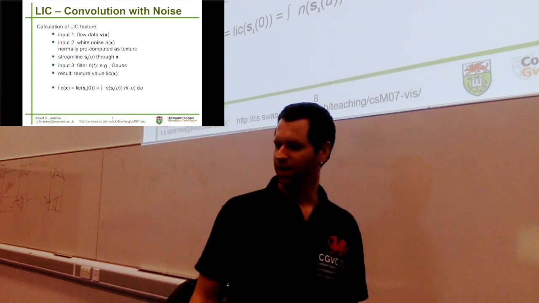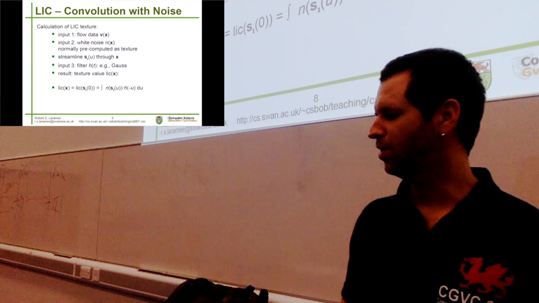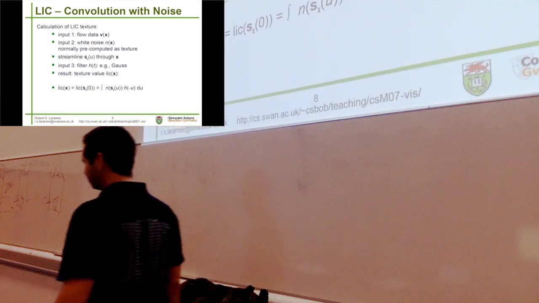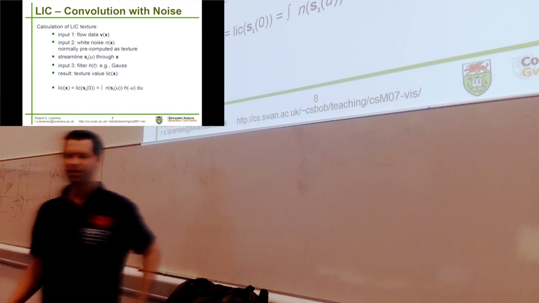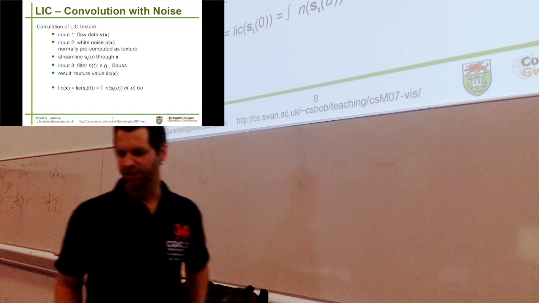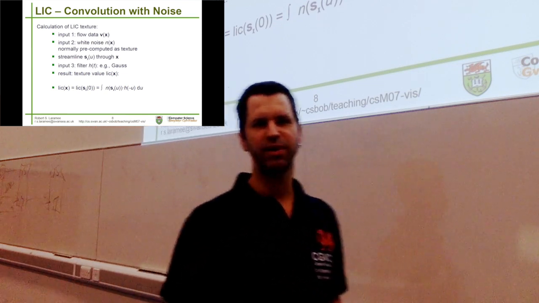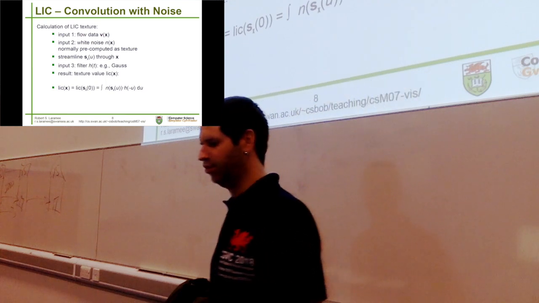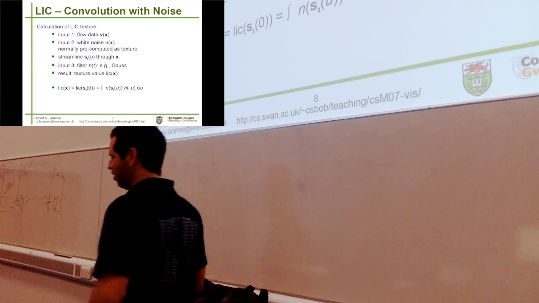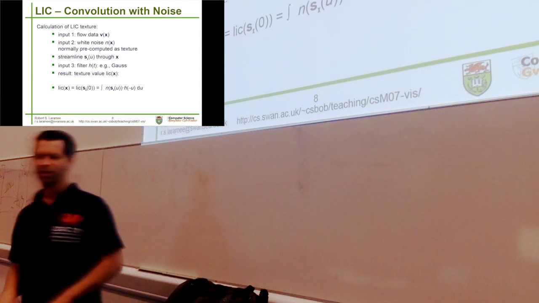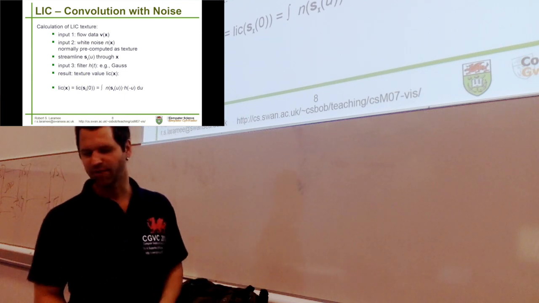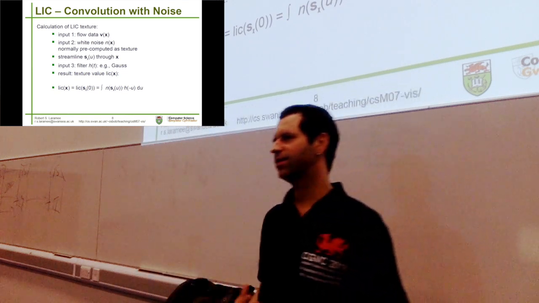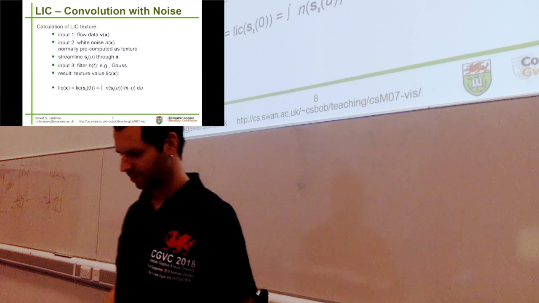I think the name is very confusing, LIC, line integral convolution. It might be more intuitive if, instead of line, it was streamline integral convolution. But another simplification could be like streamline weighted average kind of thing. Weighted average streamlines in some ways.